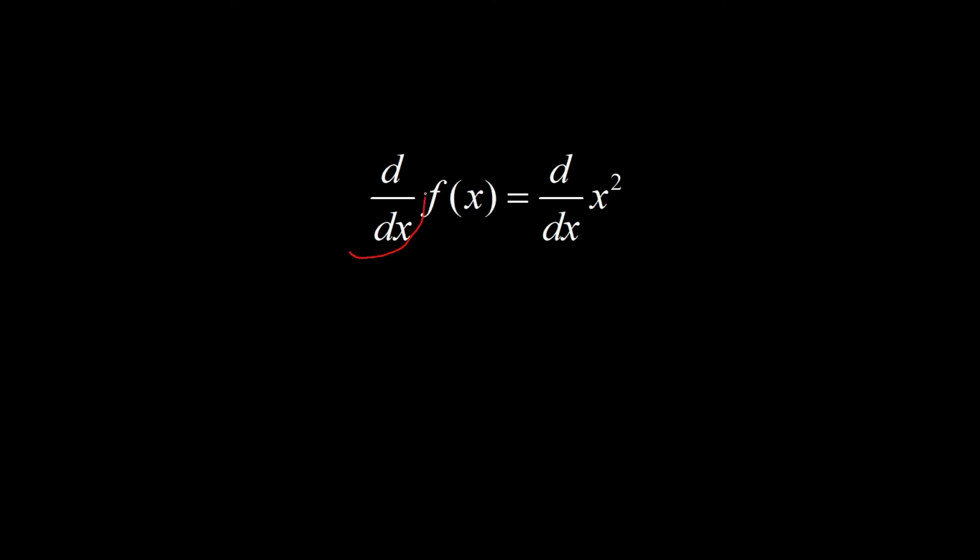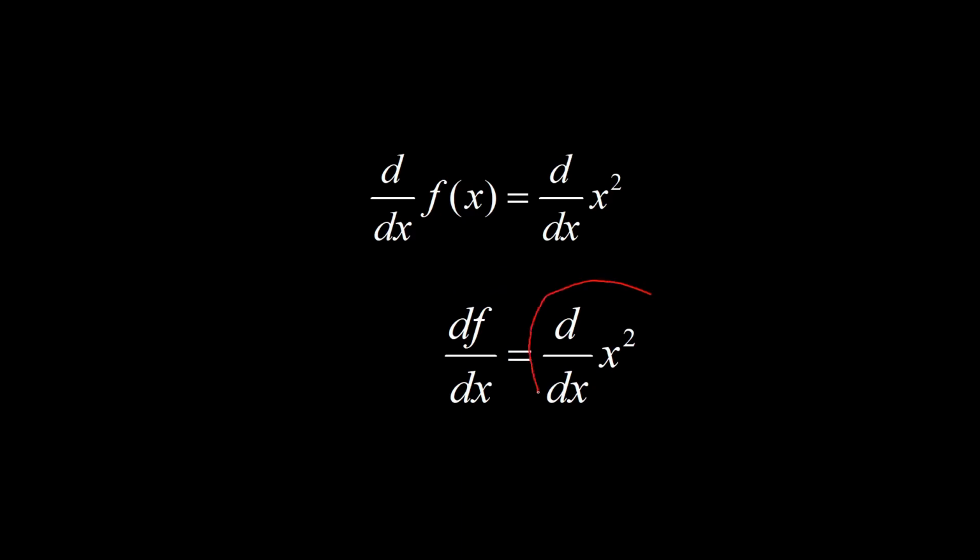We indicate that with the derivative operator. So now we're saying we're going to take the derivative of both sides. And when we do that, the f, the function notation, will just slot in here to the operator. So just slot it in there.